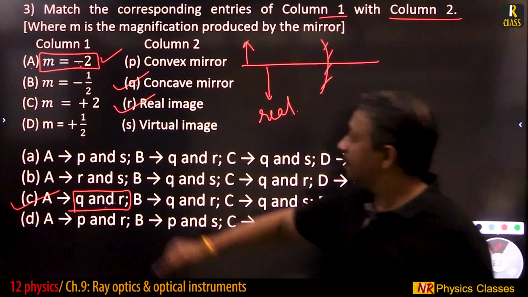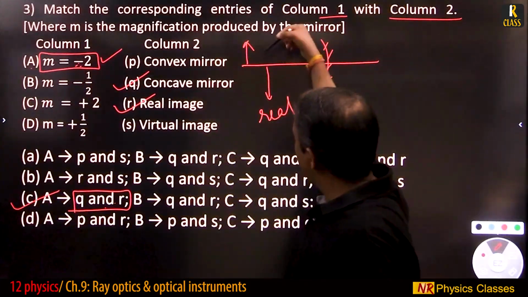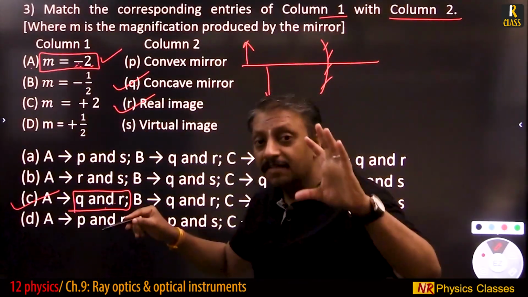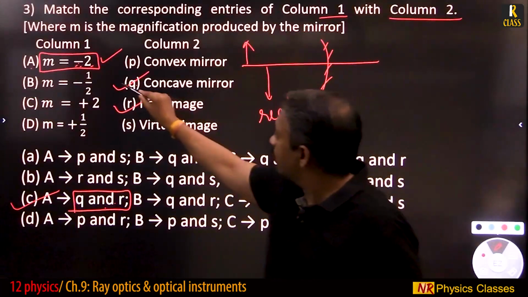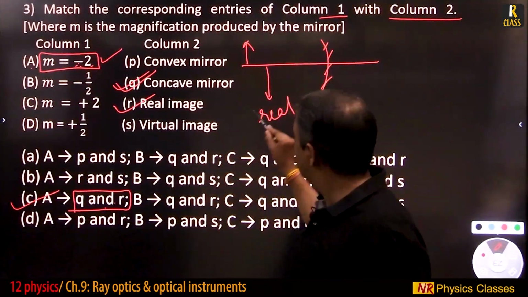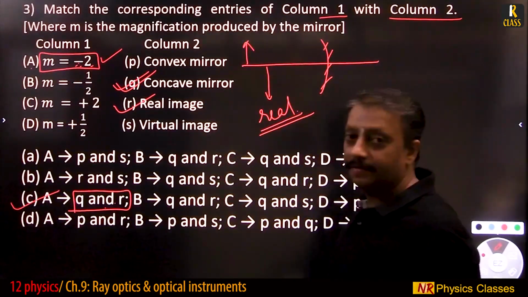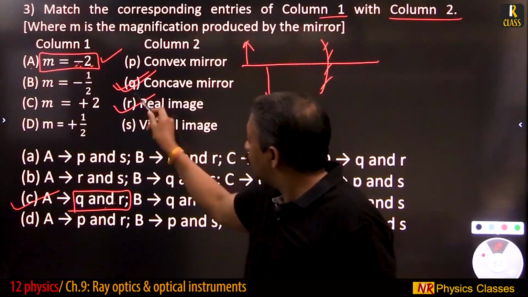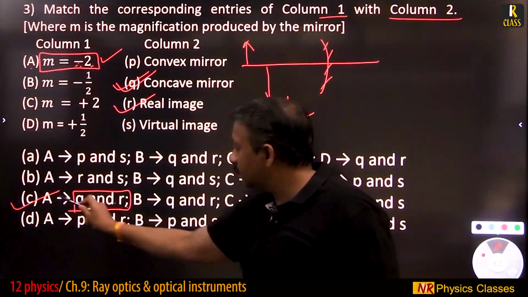Again, minus means inverted. 2 means magnified. Magnified is always obtained by a concave mirror. Since it is inverted, it is always real. So that's why inverted, real, QR. This is the answer.